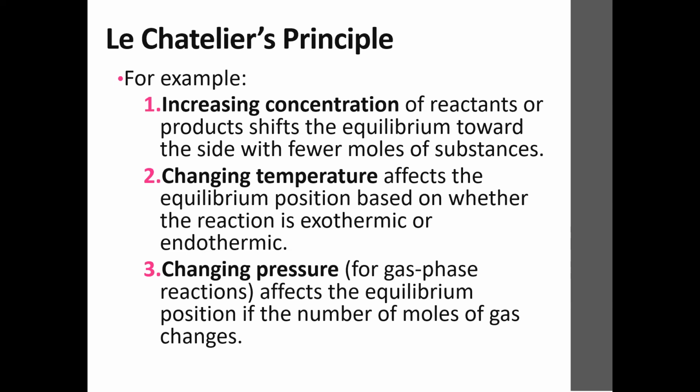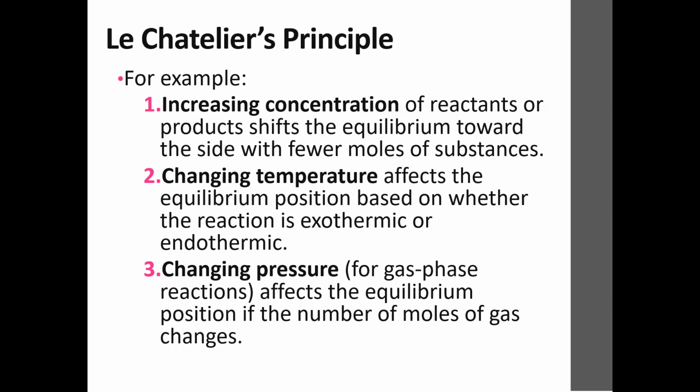Okay, so now the concentration of the reactant is high, and in that case, the reaction will go faster towards the direction where there are fewer moles of substance, which is toward the product. So more reactant will be consumed.